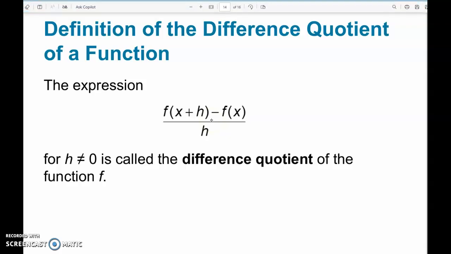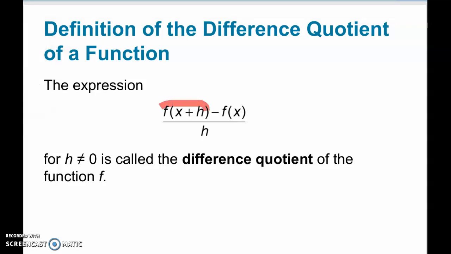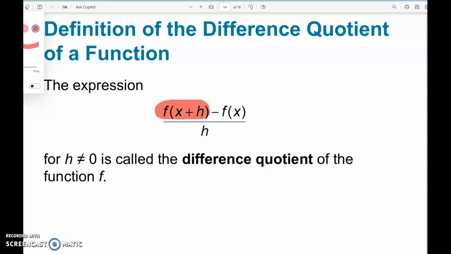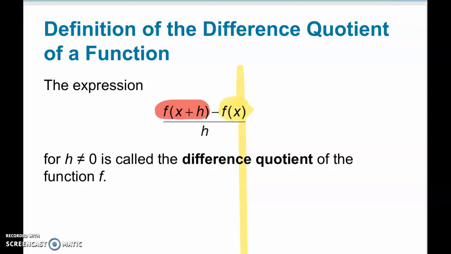So what I want to point out is that we're going to be breaking it into 3 parts. We are going to do this part. We're going to take the function and evaluate it at x plus h. We are going to then evaluate the function at f of x.